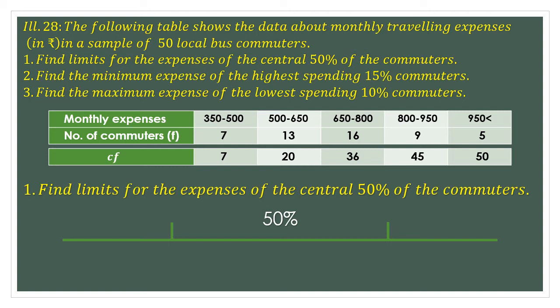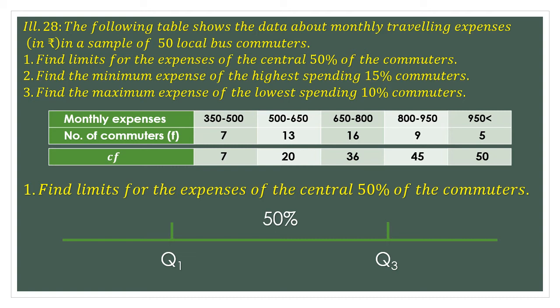Now just tell me, if the data is 100% and I take out the central 50%, then there will be a part on the left and a part on the right. So the left part will be 25%, I will name it Q1, and the right part will also be 25%, I will name it Q3. That means the middle 50% of the data lies between Q1 and Q3.